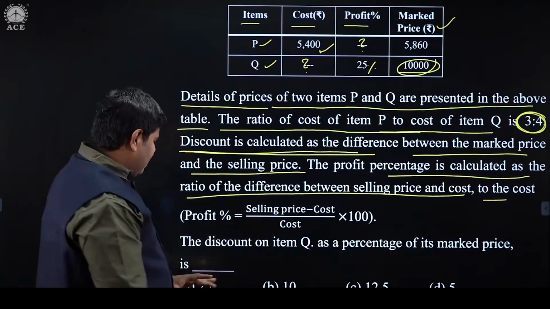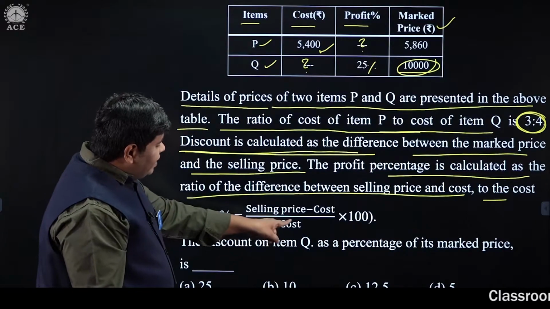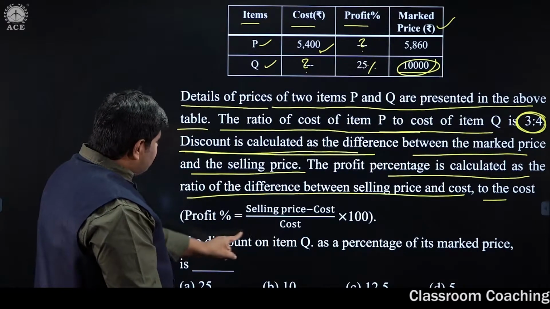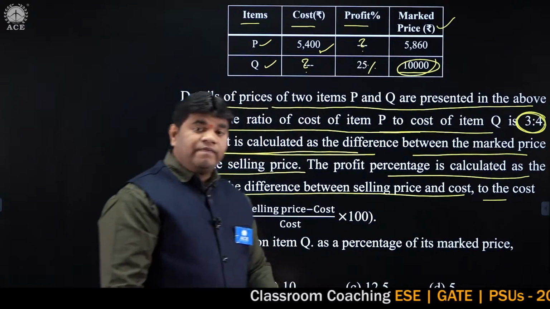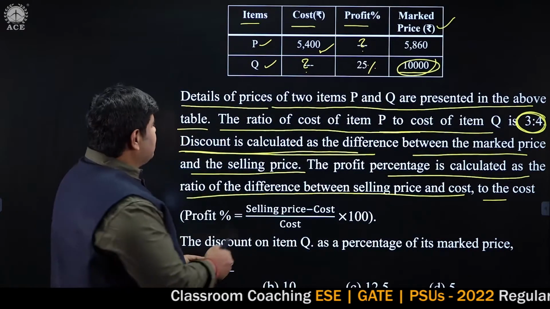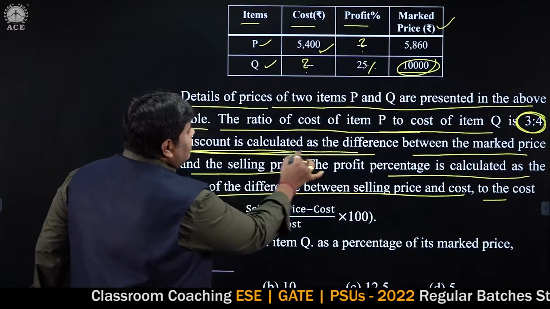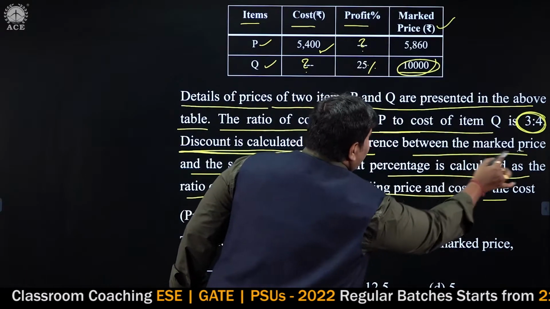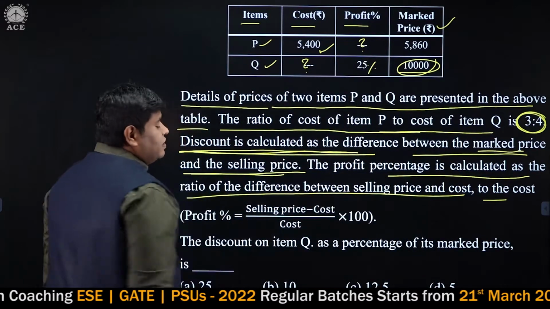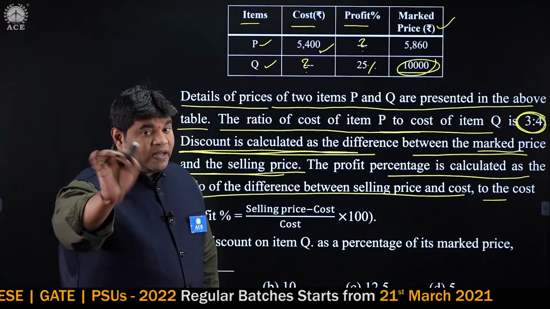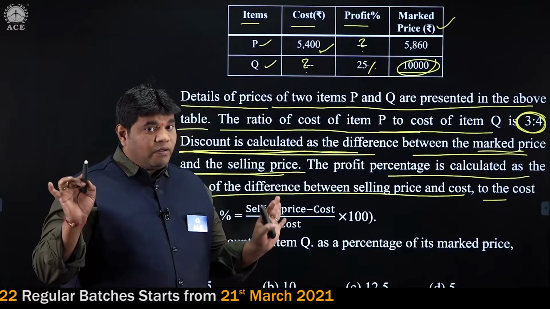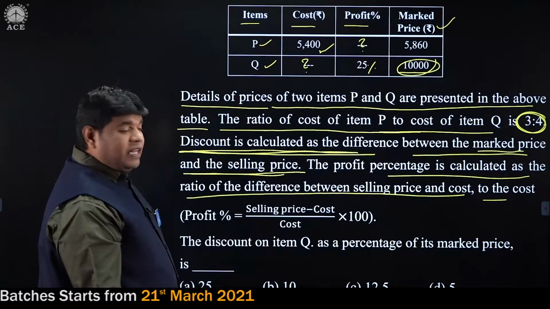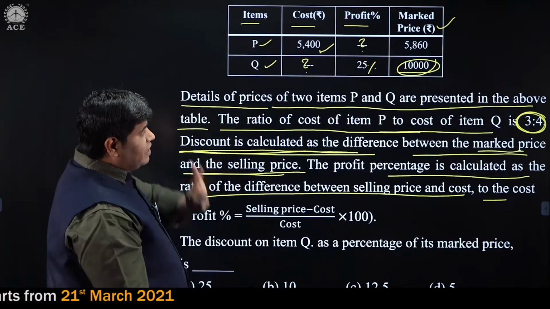We know the logic. The discount on item Q as a percentage of its market price is asked. Discount is calculated as the difference between the market price and the selling price. They are asking the discount percentage. Very easy concept. Here directly you can calculate.